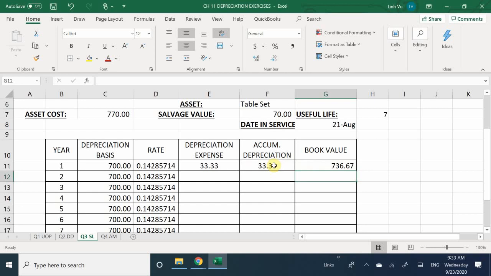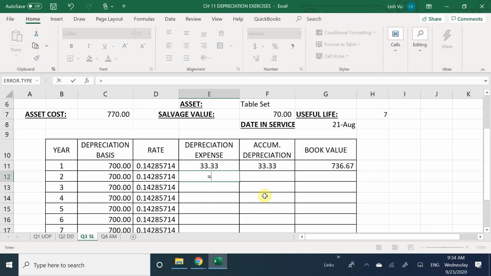All right, so next, how are we going to solve for the rest? Now that this was partial years, what is actually my total amount for one whole year for my depreciation expense? What's my second year depreciation expense? 100.